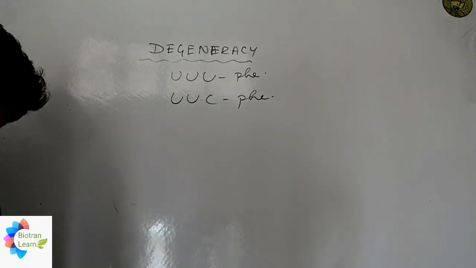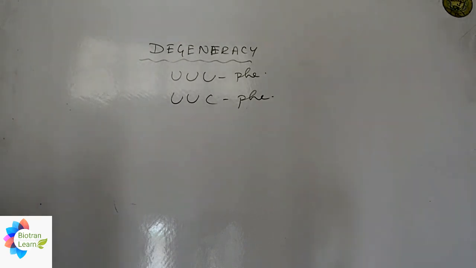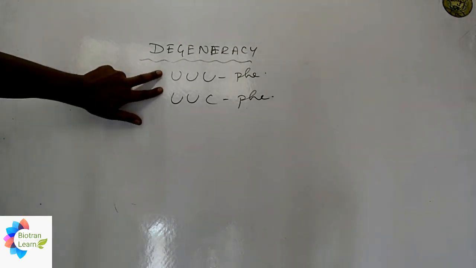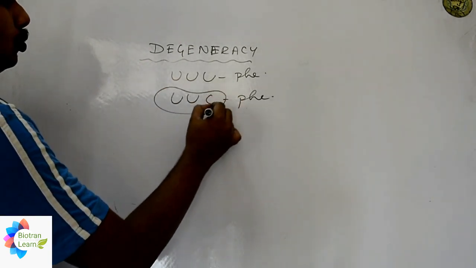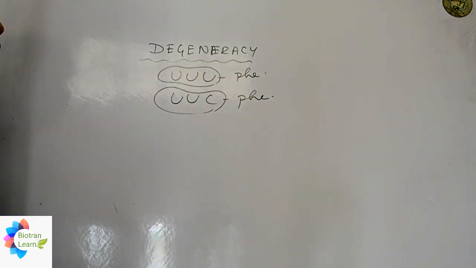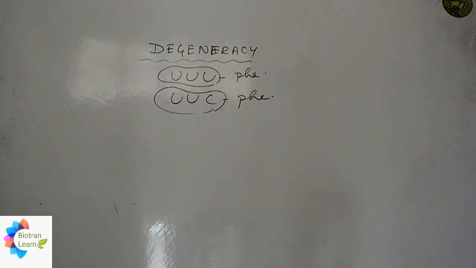In this section we can see that there are two codons which are producing phenylalanine.